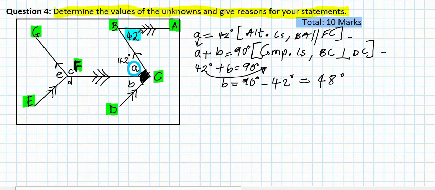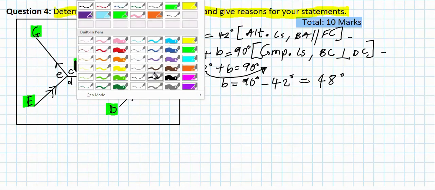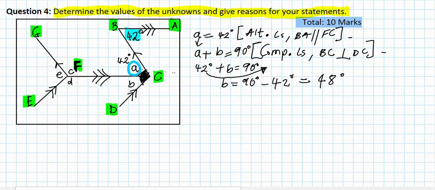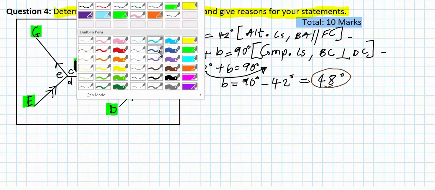So I go to angle B. Let's use a different color so that I don't get them confused. This is 48 degrees. I'm going to say 48 degrees right there. Okay, so now next one, we are left with CDE. Let's go to C. When I'm looking at C, it's right there staring at us. I'm sure you all can see it.